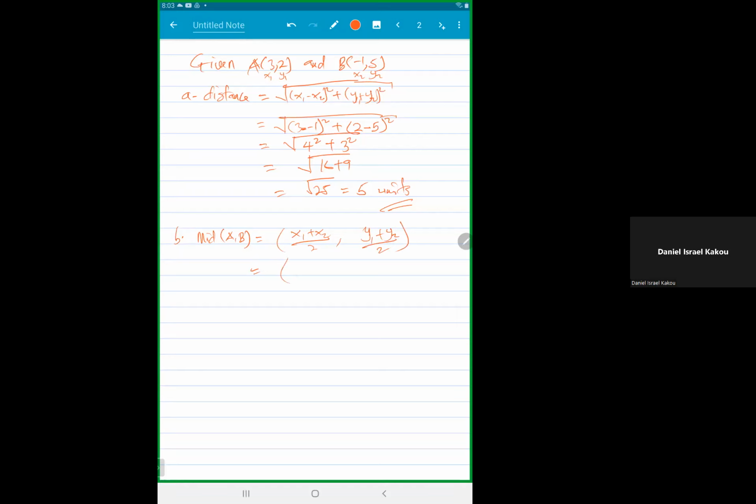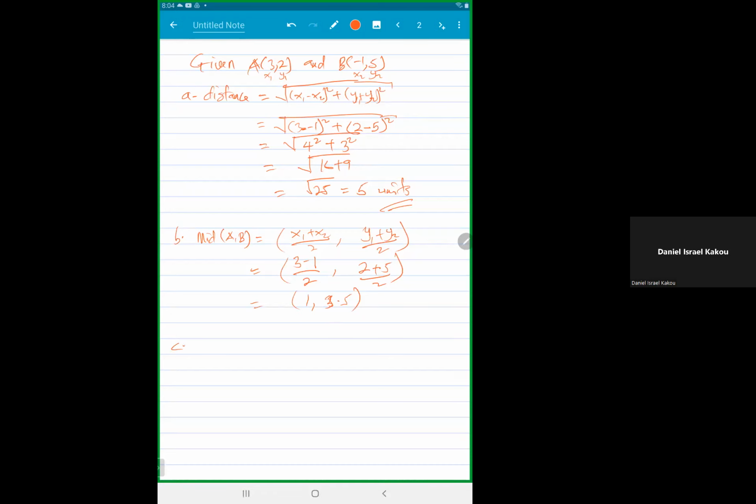And we have everything at our disposal. x1 is 3, x2 is -1, divided by 2. Then y1 is 2 and y2 is 5. Eventually we have 1 here and we have 3.5 here. Right. That was it.